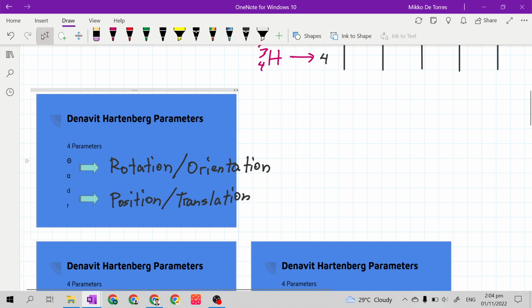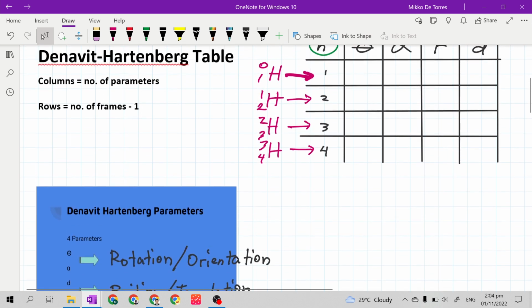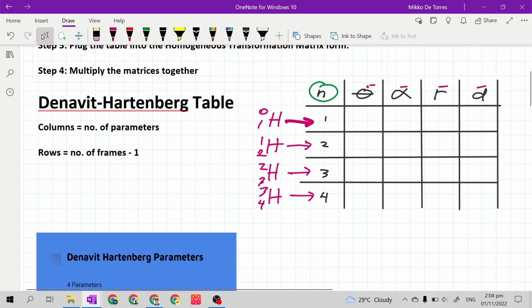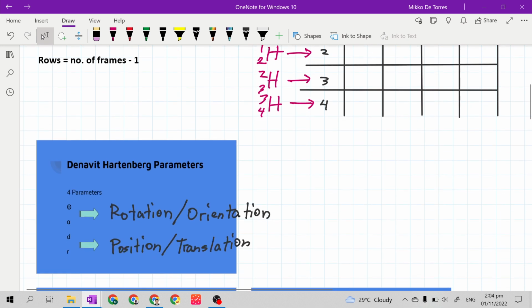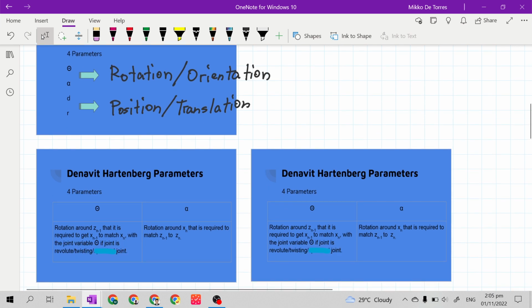Okay. So this is arranged like this in our table: theta, alpha, r, and d. Okay. So I will explain what theta and alpha mean, as well as d and r.